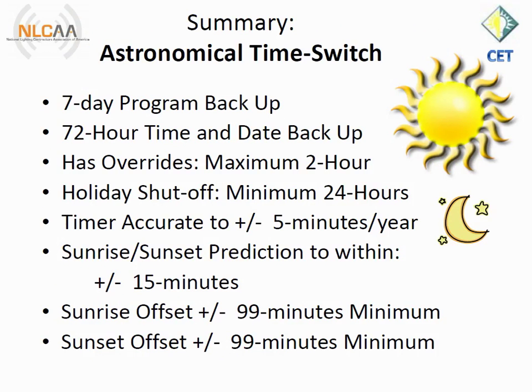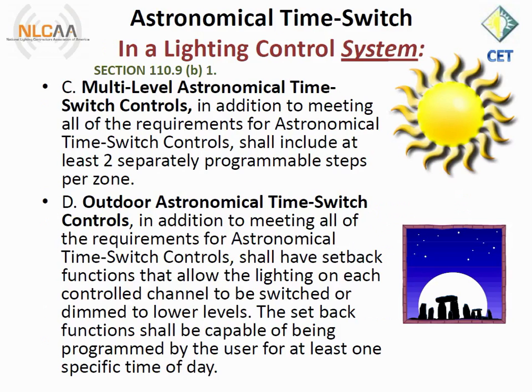They're also found in Title 20. If a computerized scheduler is used, if you're using scheduling software or some kind of a sophisticated scheduler, Section 110.9 has additional requirements under some circumstances.